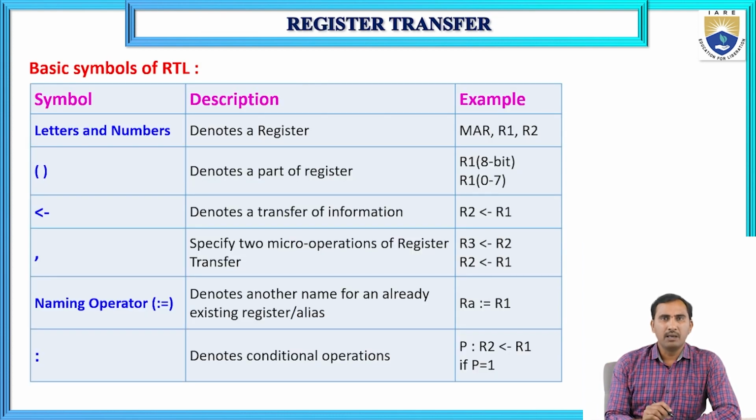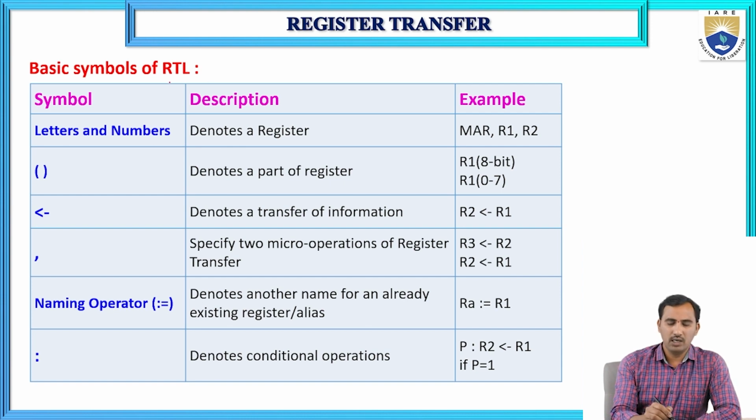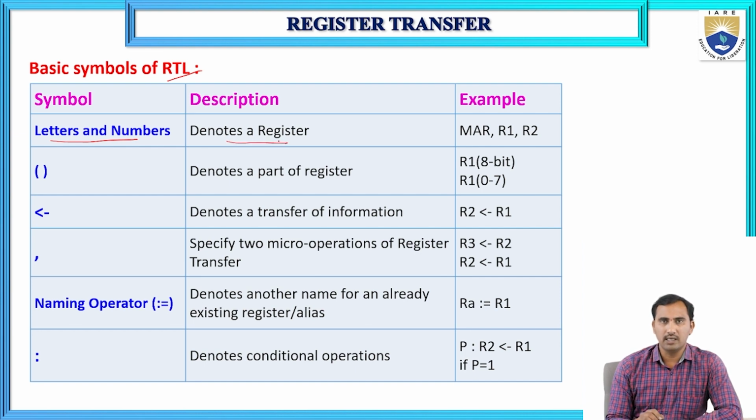And coming to the basic symbols of register transfer language. We have already seen the definition: register transfer language is a symbolic notation that can be used to describe the micro operations among the registers. In this register transfer language, we use several symbols. First, the letters and numbers denote a register.